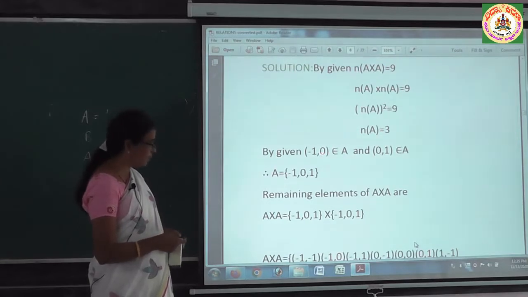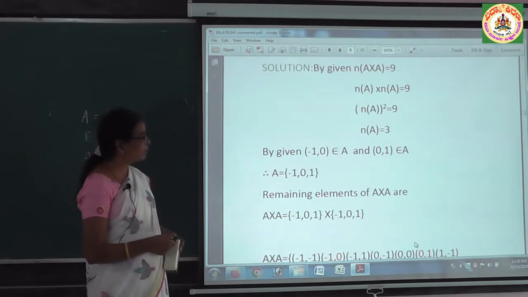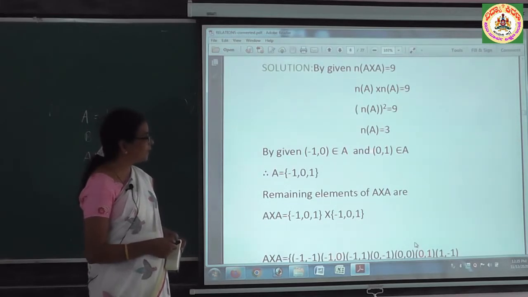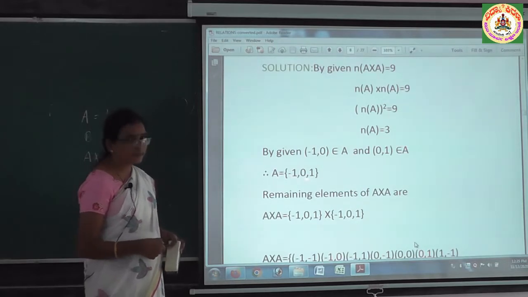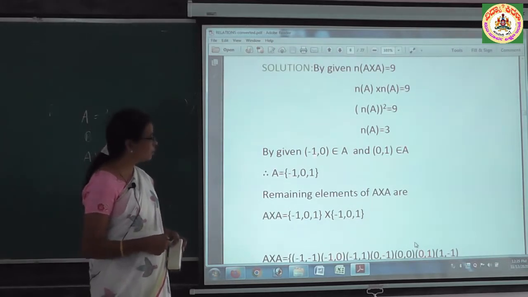In the question itself, it is given that (-1, 0) belongs to A cross A and (0, 1) belongs to A cross A. Therefore, we can write this set as A is equal to {-1, 0, 1}.